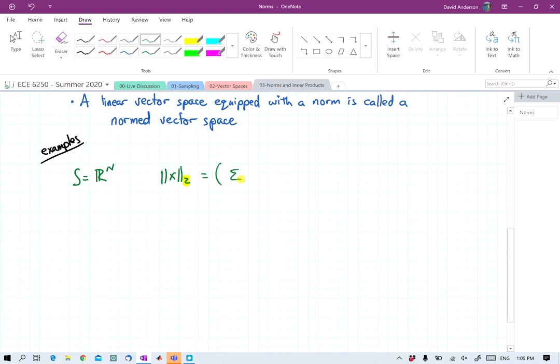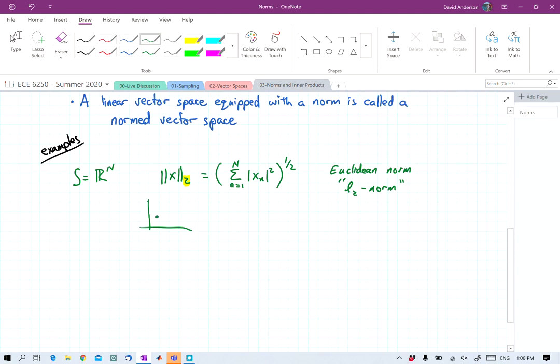And so for this one, you simply sum up the magnitude squared of the individual elements and then take the square root. So this is the Euclidean norm, often called the L2 norm. And this is the one we're used to in physics, really.